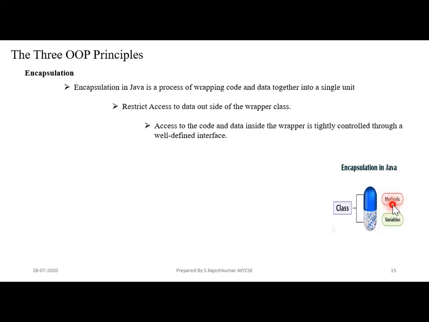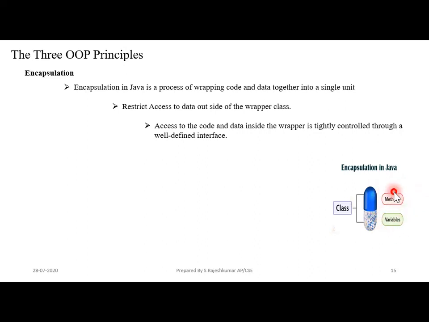The variables and methods are put together into the class, which is called encapsulation. So what is the importance of encapsulation? Encapsulation can restrict the access to the code. Variables and methods are the code. The code can be hidden from unwanted access.